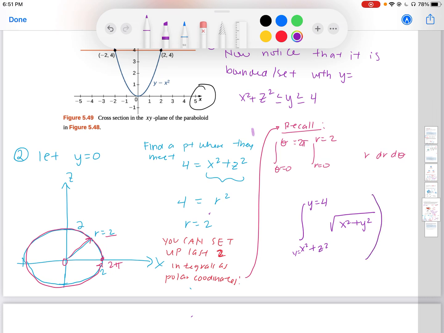That's my first little integral. And then I proceed by setting my bounds that we just wrote for spherical. So that we have theta is from 2 pi to 0, and then r is from 2 to 0. And don't forget r dr d theta.